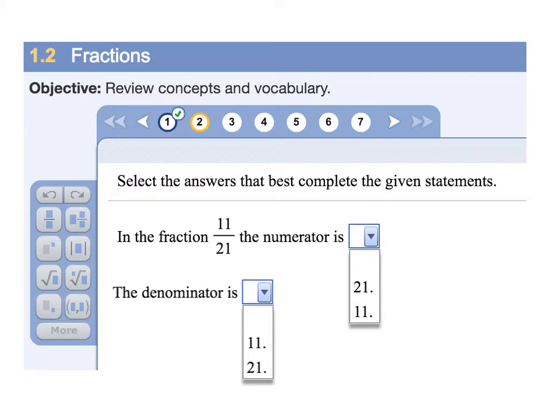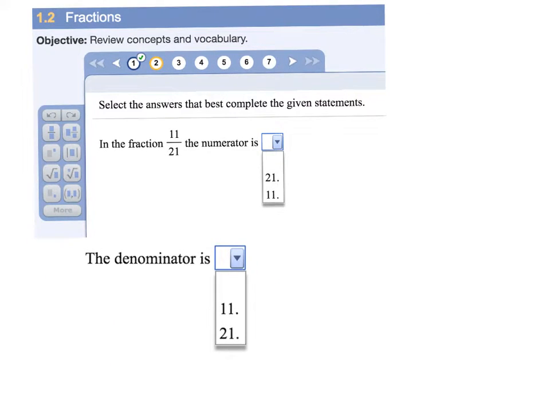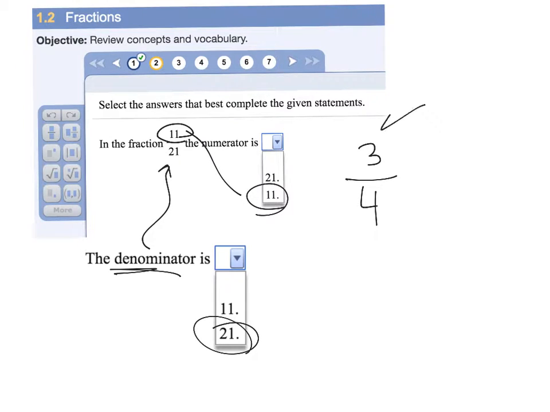Some more fractions that we're kind of reviewing here. And it says in the fraction 11/21, the numerator is always going to be the top number. And then the denominator is always the bottom number. So in any fraction, that's your numerator, and this is your denominator.